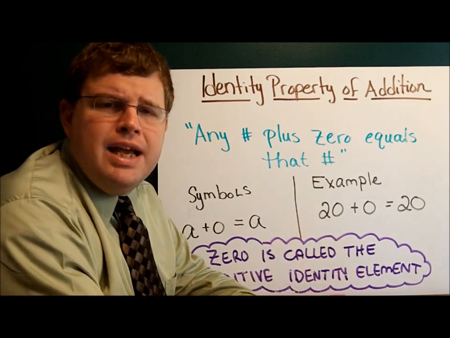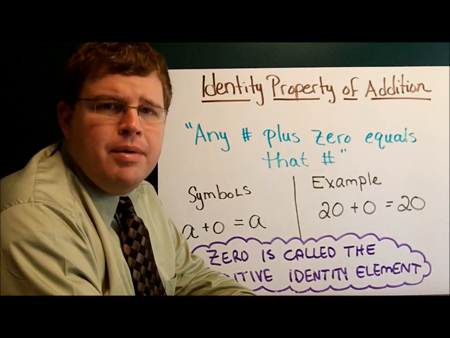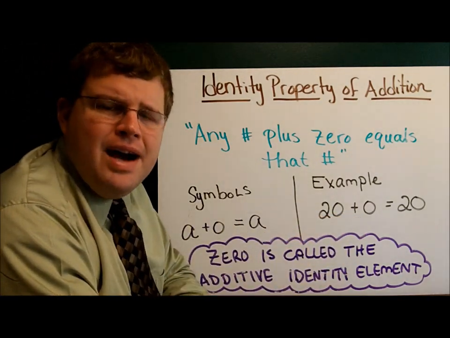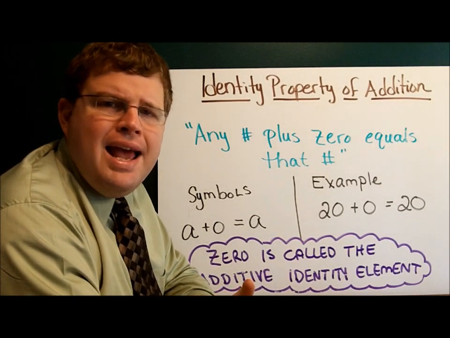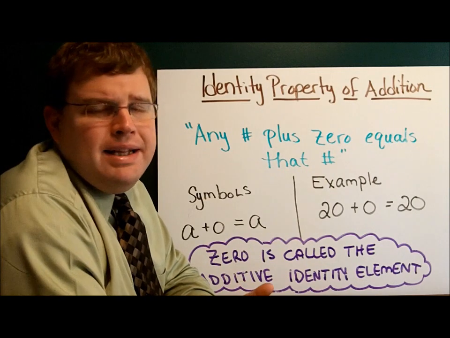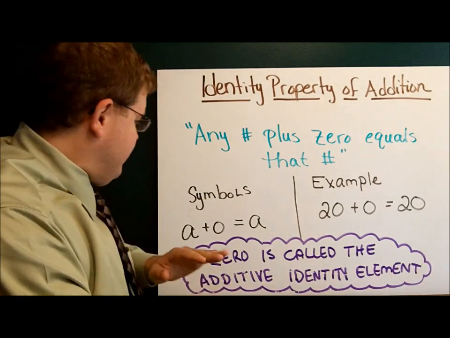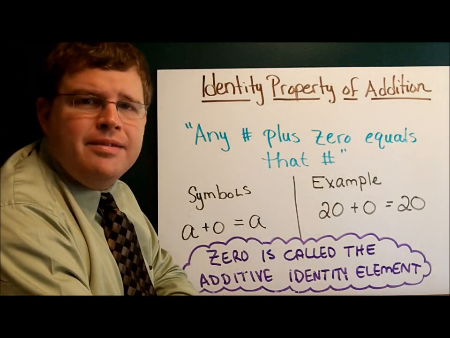You can add 0 to any number you want, and the answer is not changed. You come up with the same number. The number 0 is called the additive identity element, the identity element, because it's what you can add to a number as many times as you want, and things are left unchanged. Symbolic notation, A plus 0 equals A.